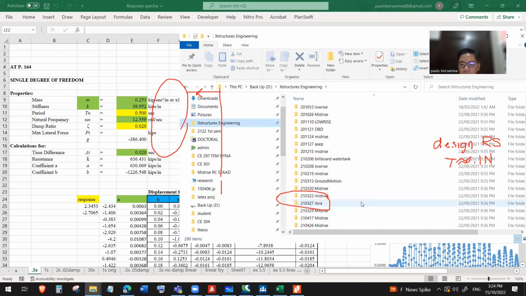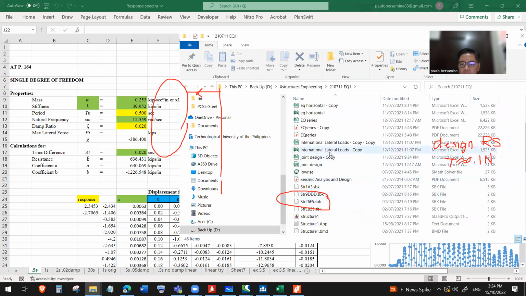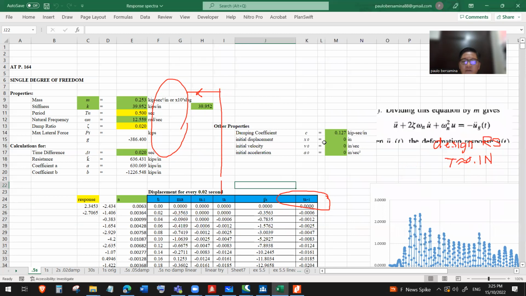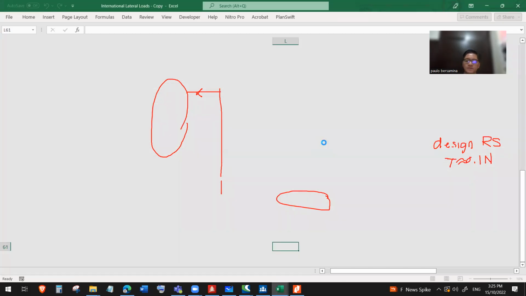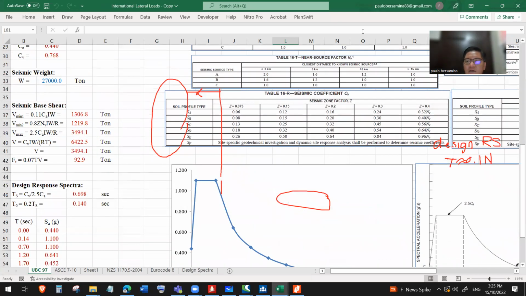Yan, international lateral lobes. Yan, this one.